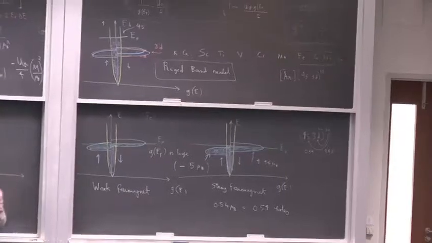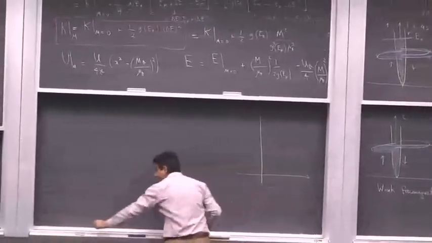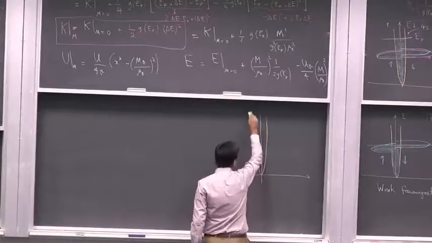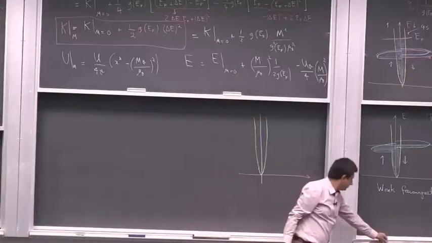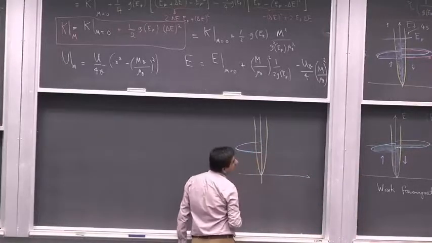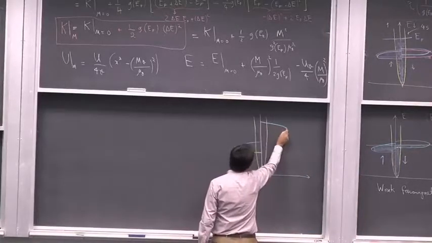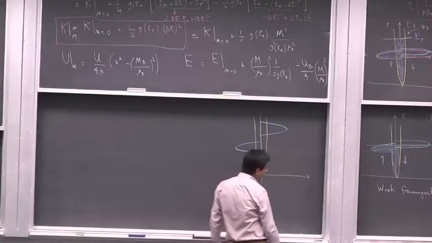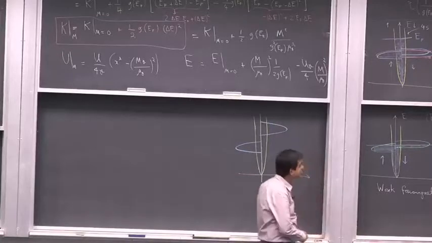Some materials can have this kind of band structure, like chromium oxide. One of the bands is here, the other band is here, and the Fermi level lies in between.